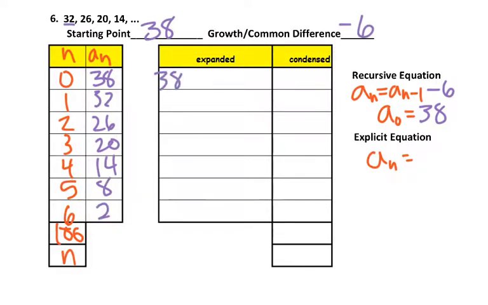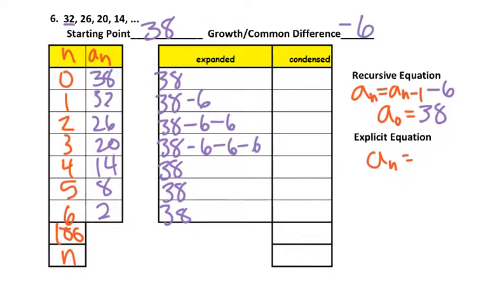So we start at 38 each time. And then we subtract by 6, which is the same as adding by negative 6. So we still kind of treat it the same exact way, even though it's minus.